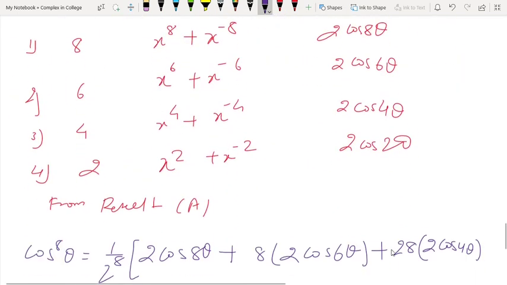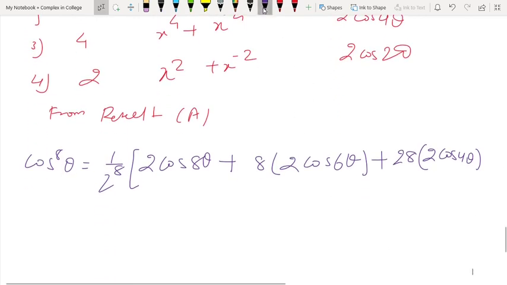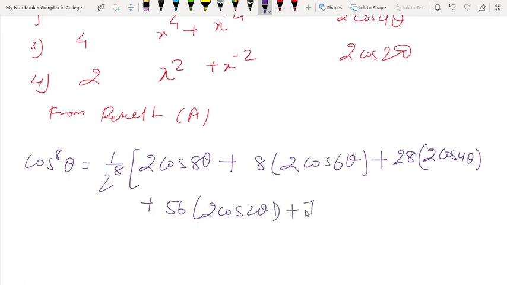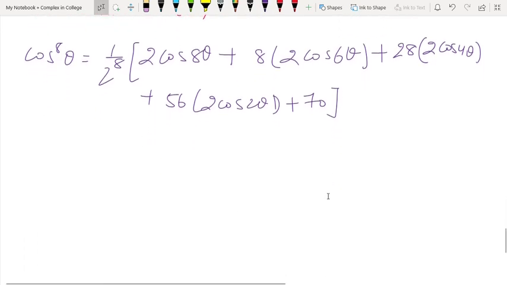For the last one, 56 with a square. So plus 56 with a square means 2 cos 2 theta, and last 70 will be as it is. That's it. Now next is just we need to take the common and do the stuff. I can take common 2 from the entire bracket. So let me take 2 common from the entire one.